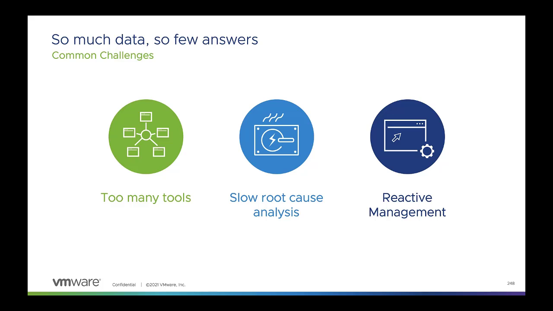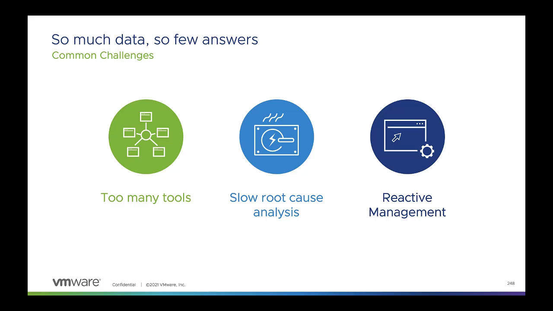With those different teams that have all these different tools, we have to collaborate and try to find the root cause of whatever is going on, and that just took too long. And thirdly, we were being very reactive instead of being proactive. We just let everything go until something goes wrong and then try to fix it at that point.